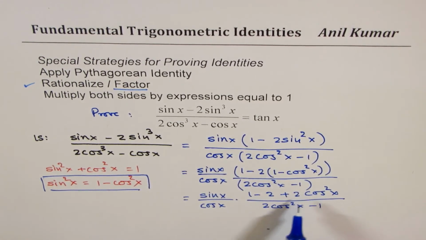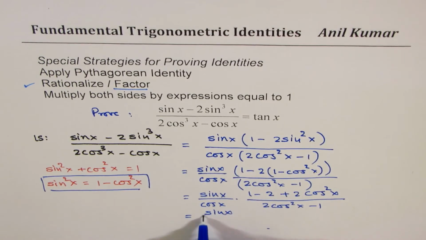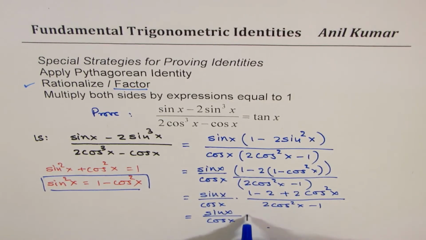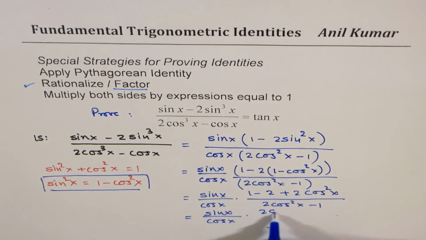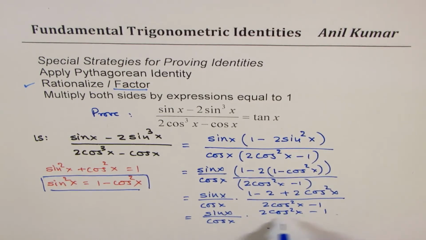Now you can clearly see 2 cos square x, 1 minus 2 is minus 1. So this could be written as sine x over cosine x times 2 cos square x minus 1 over 2 cos square x minus 1, correct?